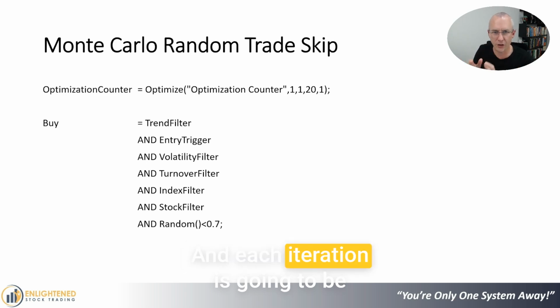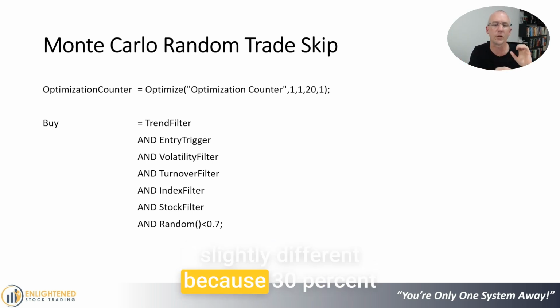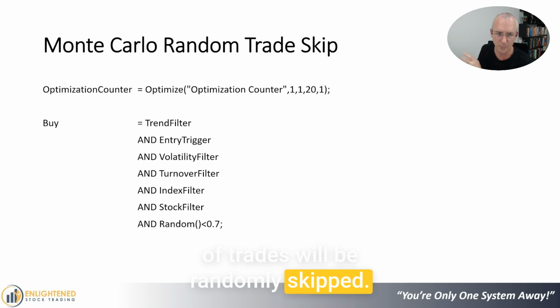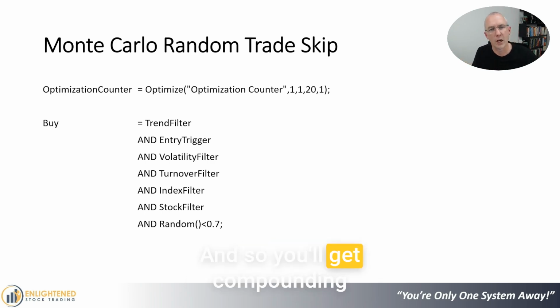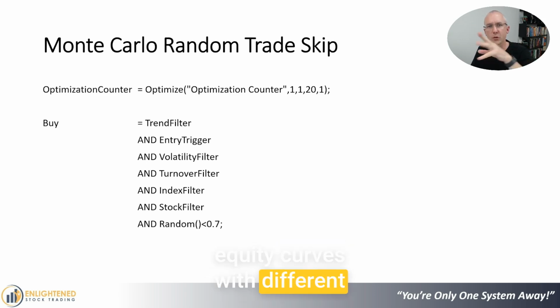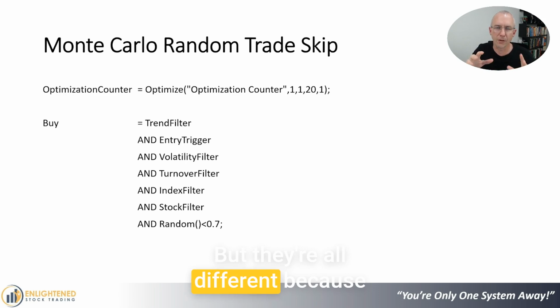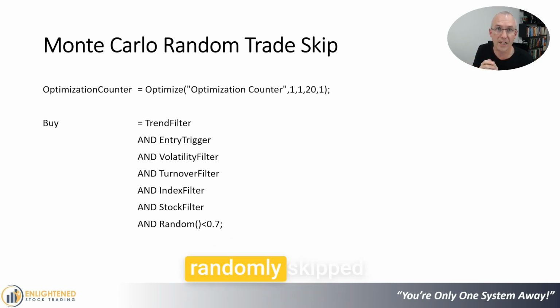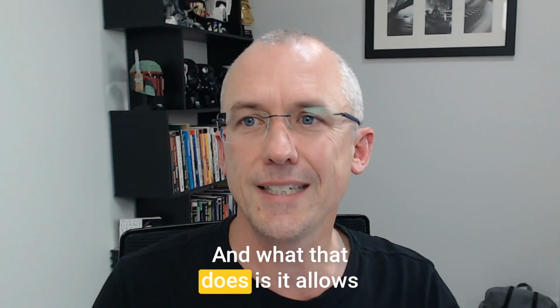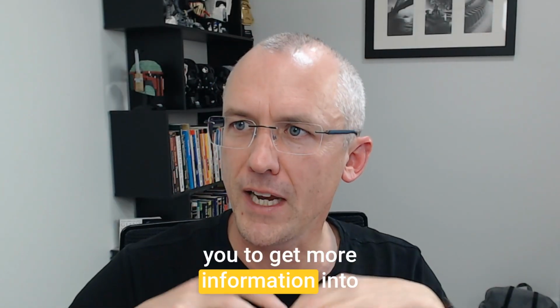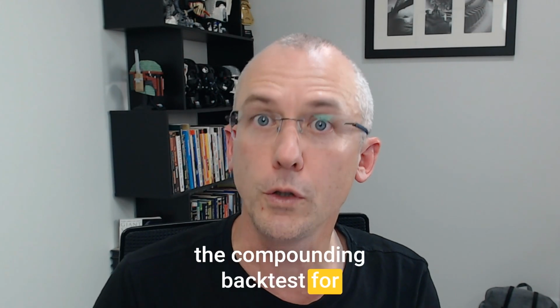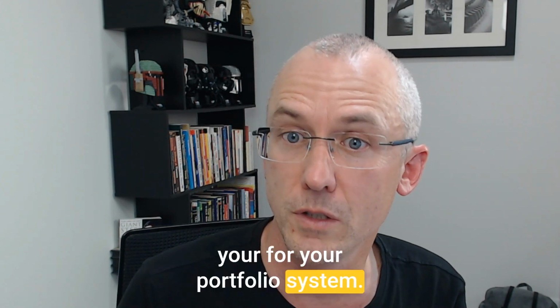And each iteration is going to be slightly different because 30% of trades will be randomly skipped. And so you'll get compounding equity curves with different drawdown profiles and different return profiles, but they're all different because 30% of trades are randomly skipped. And what that does is it allows you to get more information into the compounding backtest for your portfolio system.